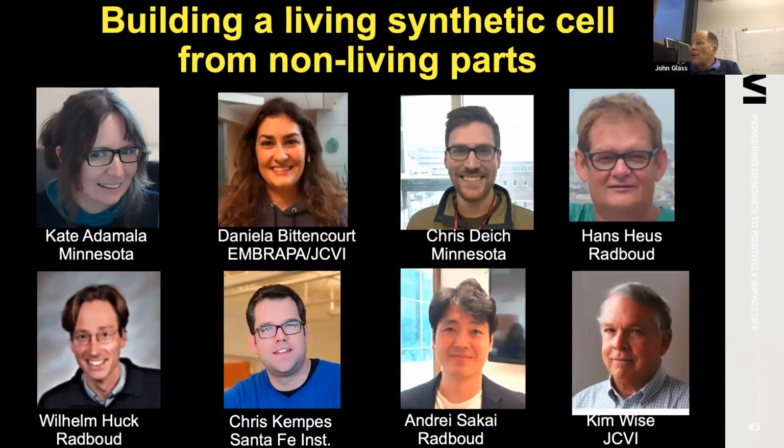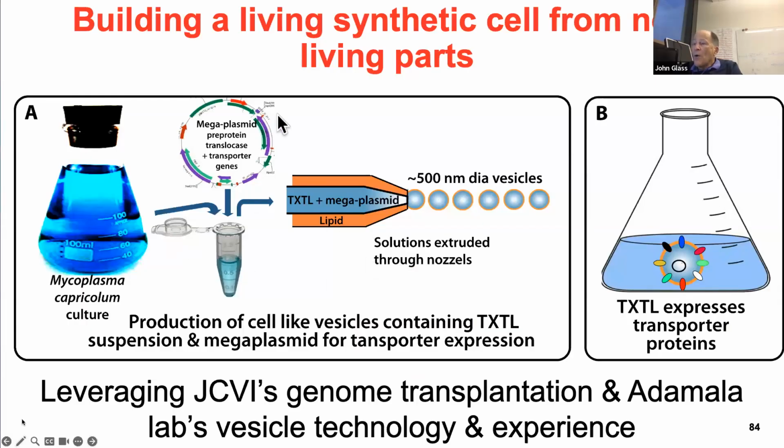We're trying to build living synthetic cells from non-living parts. The idea is we will take a cell-free extract from living Mycoplasma capricolum cells, where you blow the cells apart and collect the cytoplasm that has ribosomes and messenger RNA, and we get rid of the genomic DNA and the membrane.